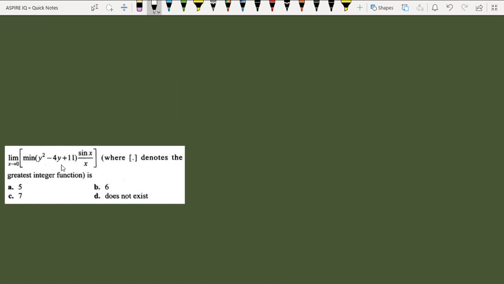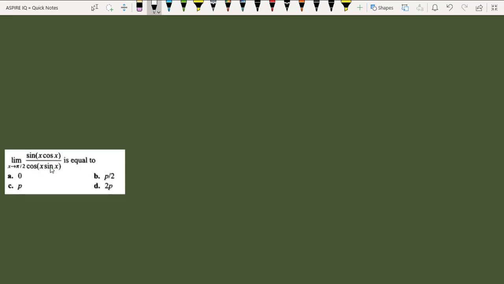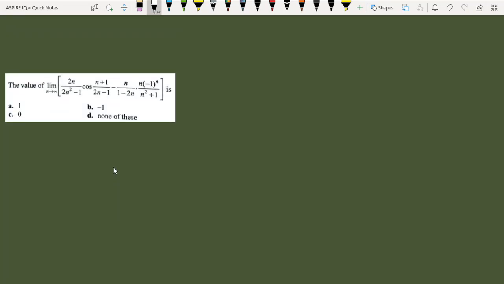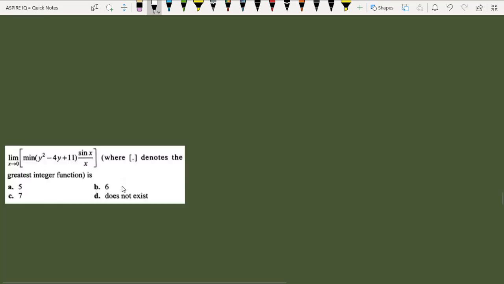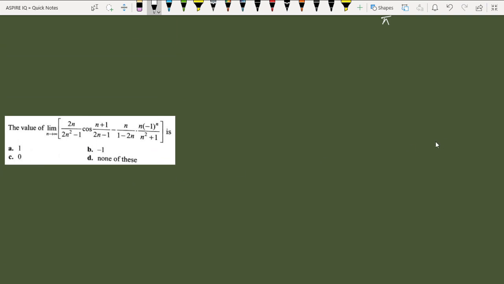You can simply find the minimum value of this. We have already discussed this question above, and it is also a very simple question. This is not p, it is actually pi. So you can solve these 3 questions as your homework, and I will make a short video for these 3 questions.